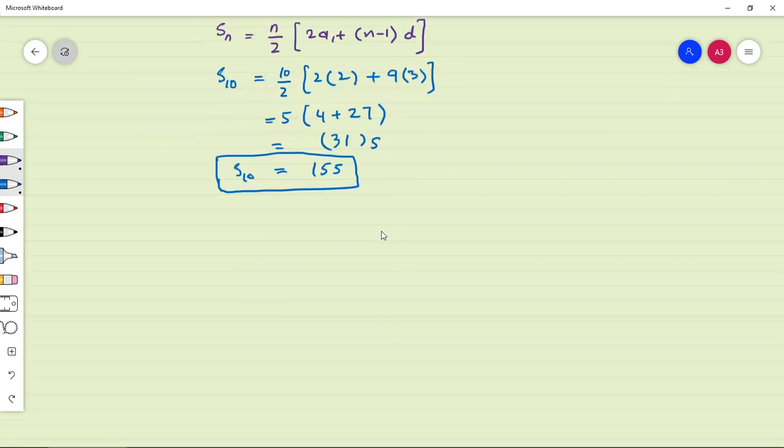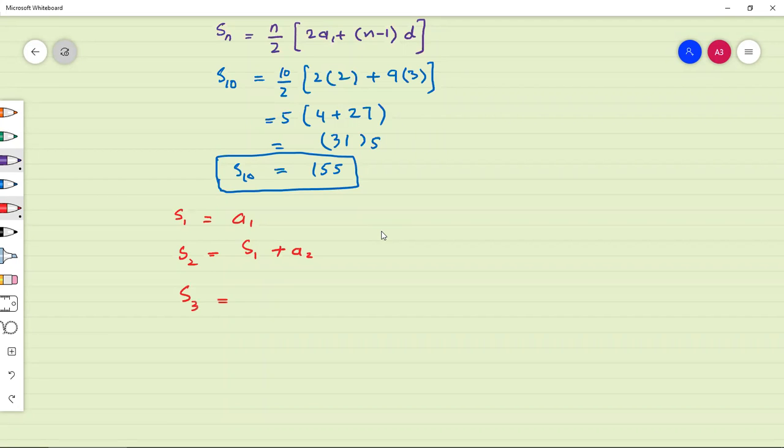If you look at this in a quick way, this pattern you should remember: S1 is equal to only a1. S1 means the sum of one term, S2 means the sum of two terms. We already have S1, we just add a2 to calculate S2.